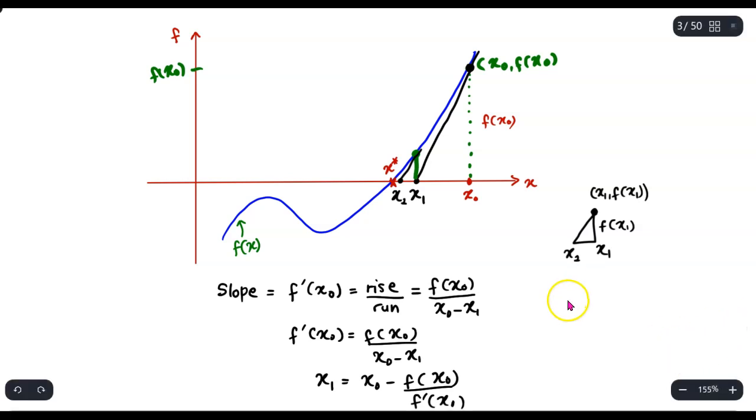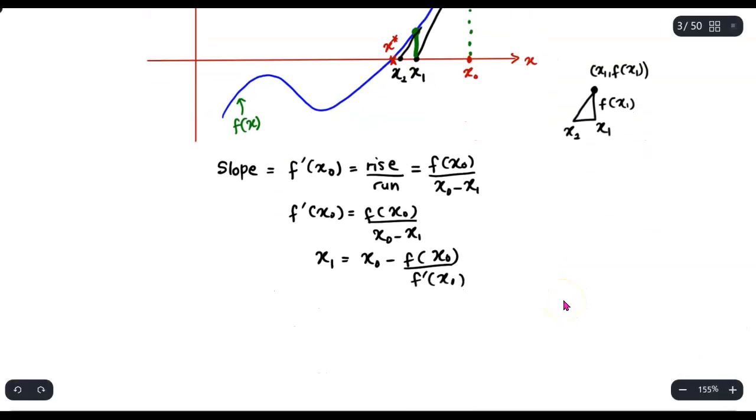The formula for x2 will then be x1 minus f(x1) over f prime(x1). Now you can see the pattern. This is the first iteration and this is the second iteration. Maybe you need one more to get your root here.